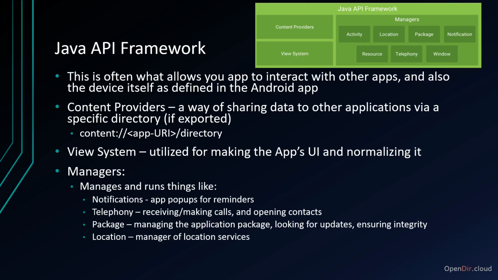Now this one is actually pretty important for applications because this manages looking for updates for our application as well as ensuring integrity of those updates. So if the application developer pushes out a new critical update to resolve some issues, this is what we would utilize to make that application actually update and go out and look for the updates. Also things like the location manager. This would get your fine and coarse grain locations for your application if you need location services for whatever the application is.